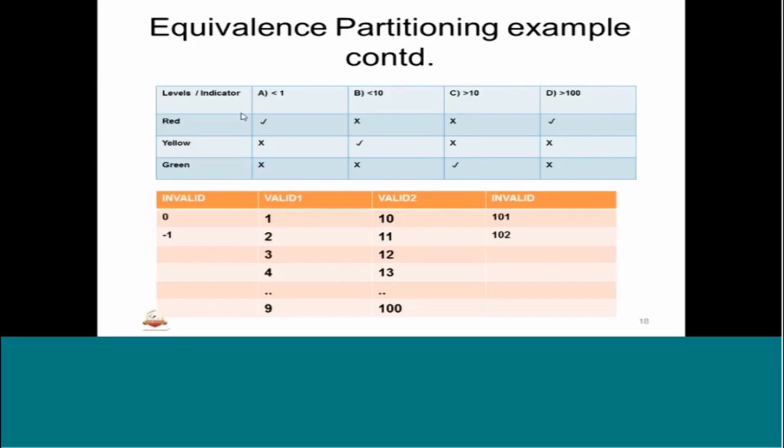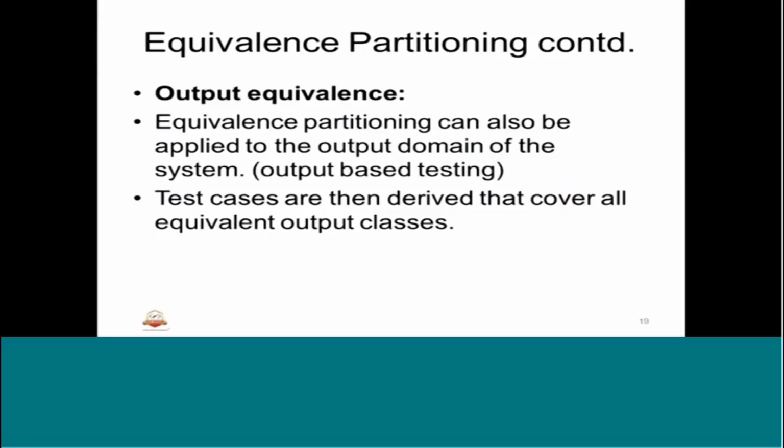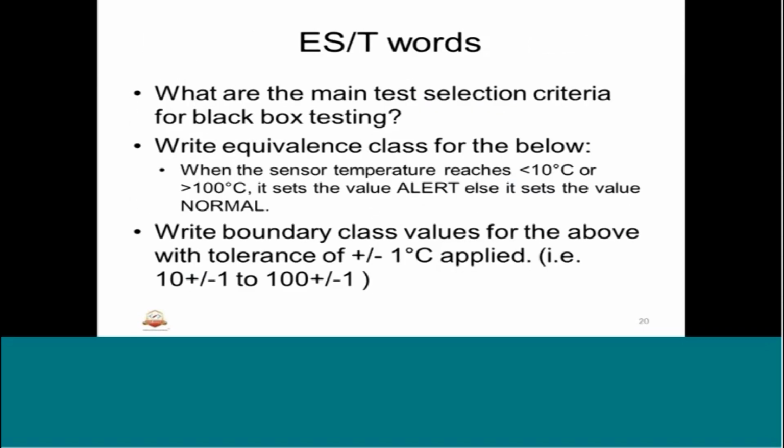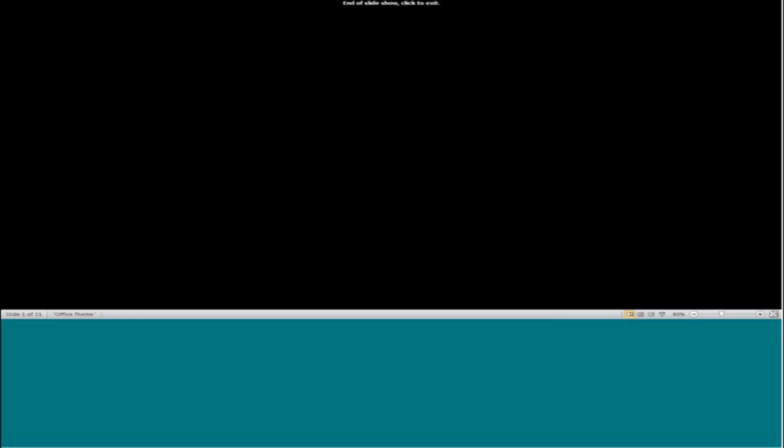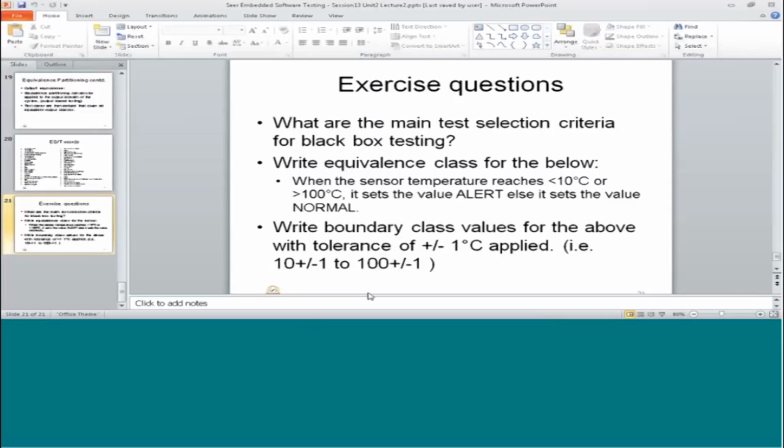Further, we divide the equivalence classes into valid and invalid as per the table. We also know that we can define output equivalence classes as well, not only input equivalence classes. So that is about equivalence partitioning.